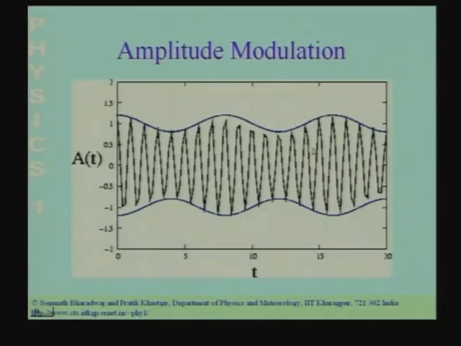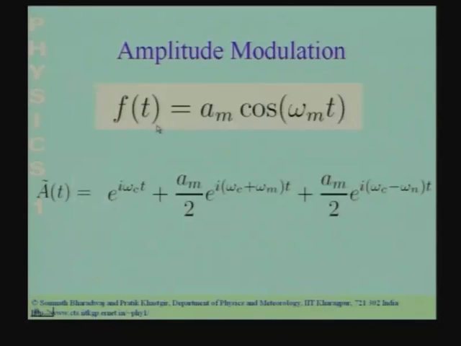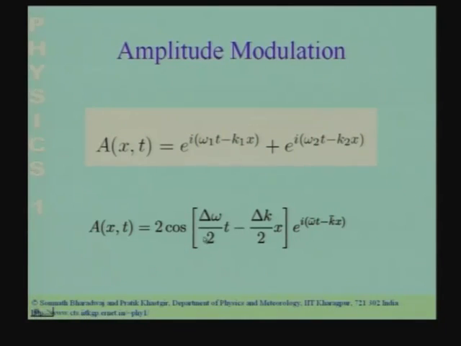It is the propagation of this modulation that carries information, that carries signal, and the modulation in the amplitude itself propagates, as you can see here, at a speed which is the ratio of this delta omega to this delta k, the ratio of this coefficient to this coefficient.